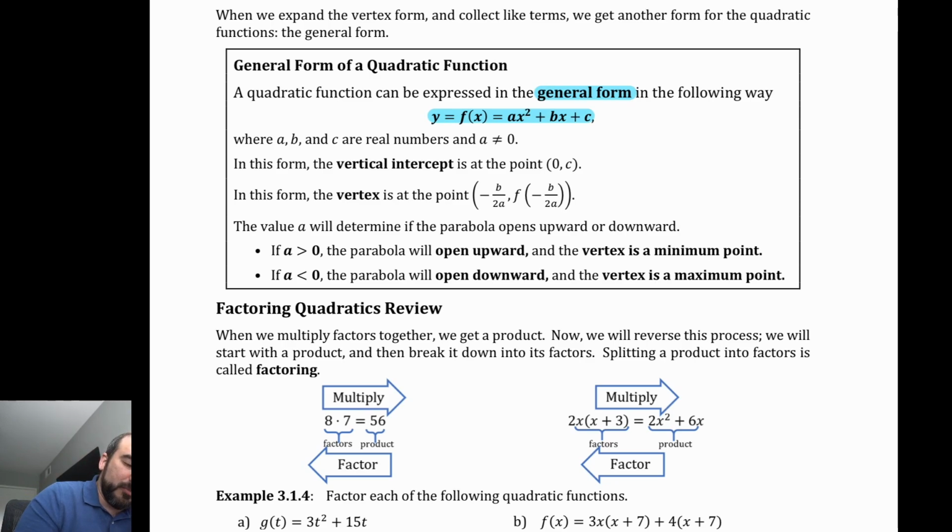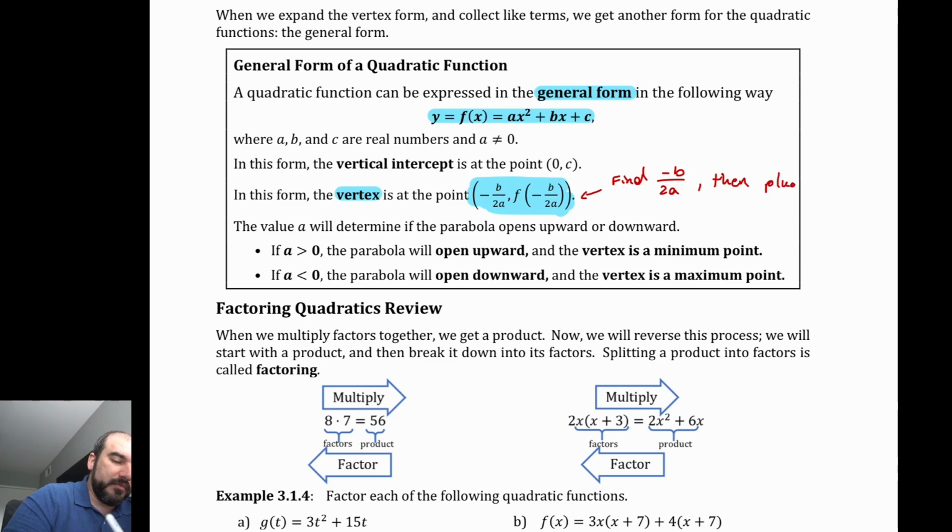We just have to do a little bit more work for the vertex. The vertex will be given by this formula. How we use this formula is we find negative b over 2a first, using the a and the b from the standard form.